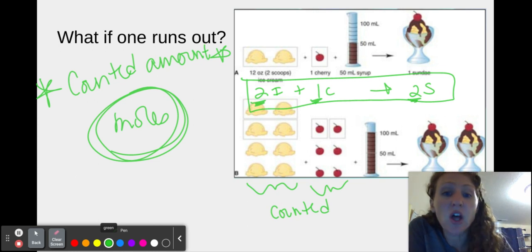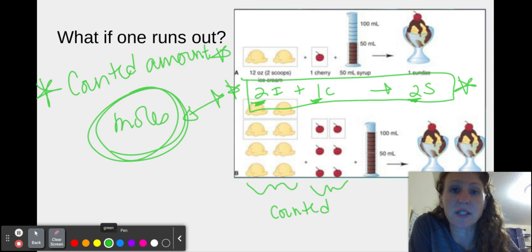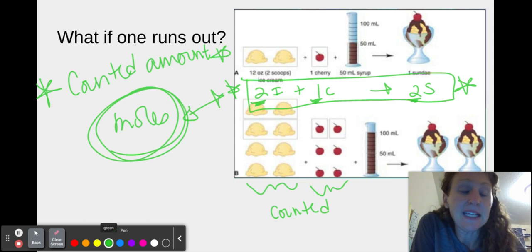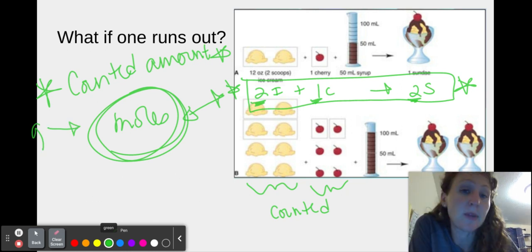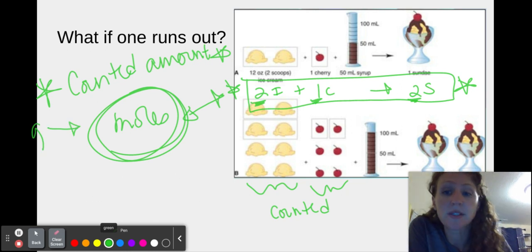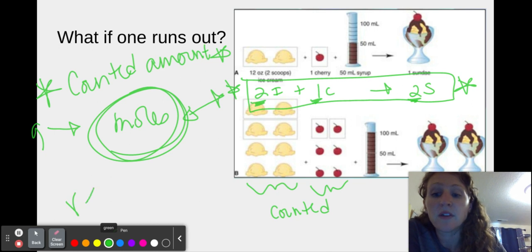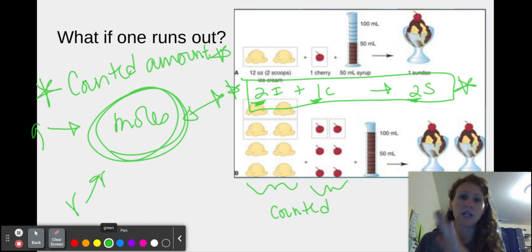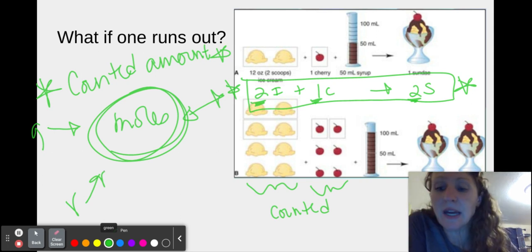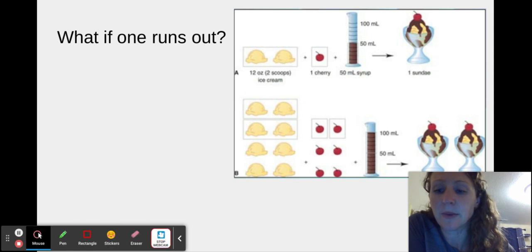Our reaction is already in counted amounts. And so we are going to compare what gets used and what's left over in counted amounts. Now, that's not always the information you have. And so you may have to convert from the information you have, like maybe they give you the mass, into moles, or maybe they give you the volume. You're going to convert into moles before you compare what gets used and what gets left. Okay, so with all of this in mind, let's take a look at an example.